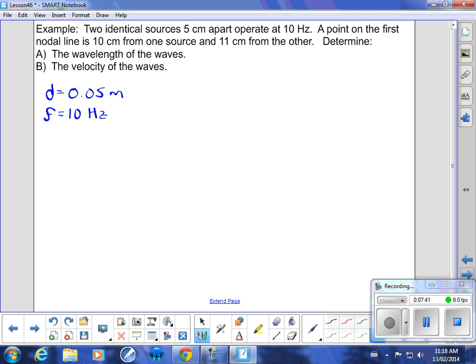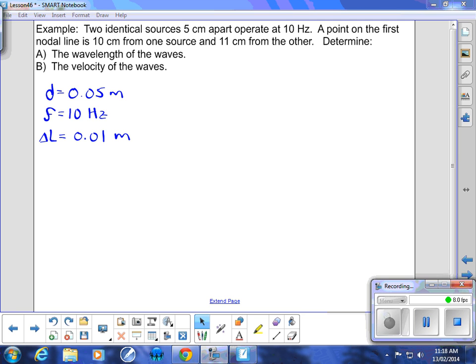What we know is we have a dark region. That's what that's telling us. So we know our delta L, dark region, occurs at 0.1 meters. It's telling us the location where that's actually occurring.